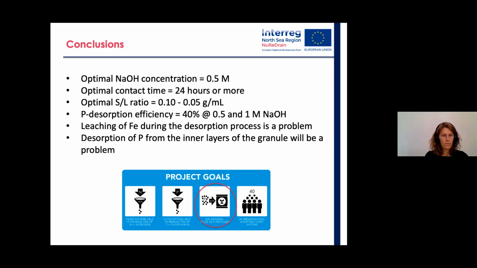What we saw, but I didn't mention during the presentation, is that after each desorption cycle, there is leaching of iron from the granule itself. It can be a problem, so we can regenerate 1, 2, 3, or 4 times, but not 10 or 20 times, I suppose. Desorption of P from the inner layers of the granule will be, I think, a problem.